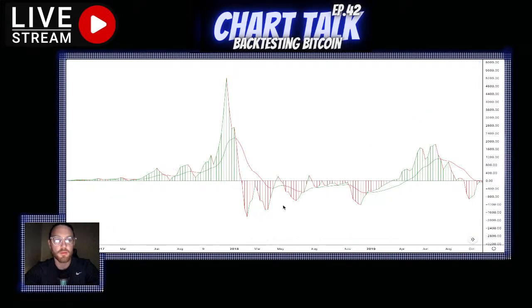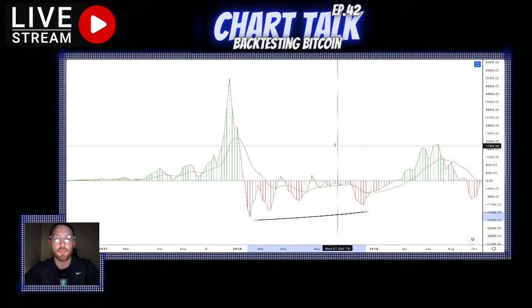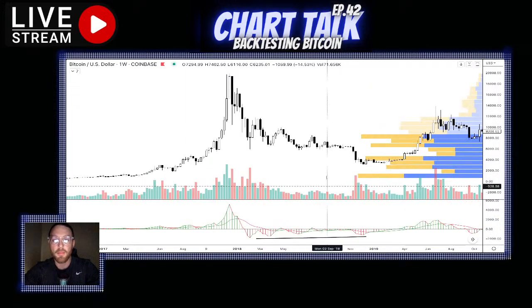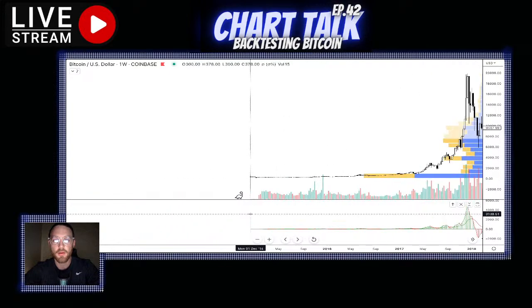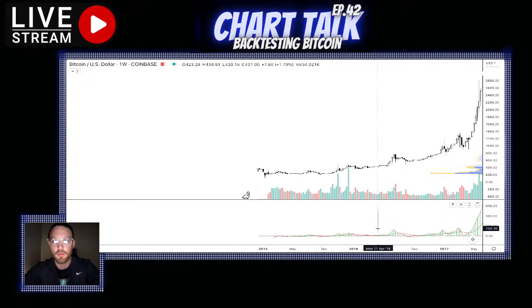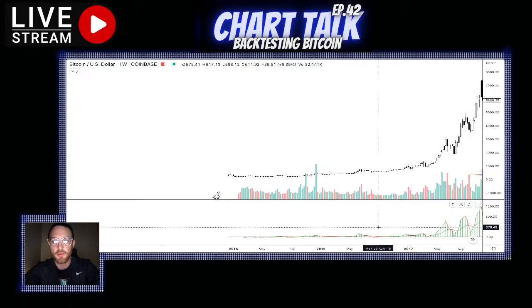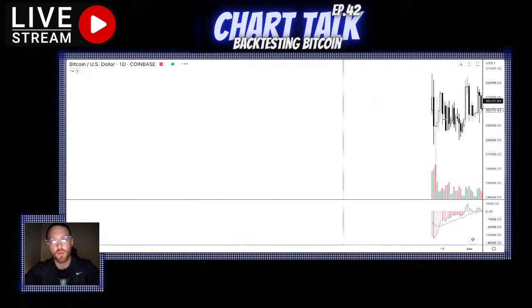So the lows definitely did on the weekly. So the MACD here, let's see what we got down here. Did not give us any signs back there. There's not enough data. So weekly, it did pretty good. There's just not a whole lot of data to look at.